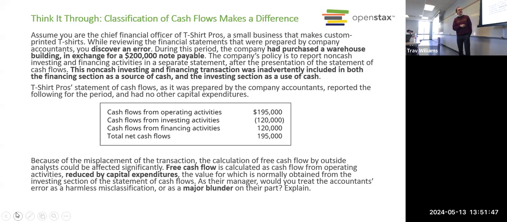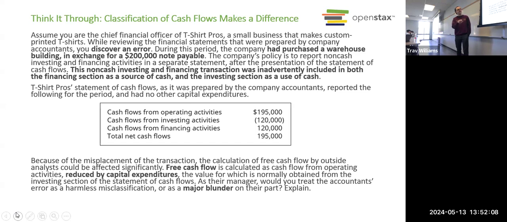So the question here is that one mistake, counting something as a cash flow transaction when there was no cash, had a significant impact. Actually, I guess that was a statement. I answered my own question. It did have a significant impact on our free cash flow, right?